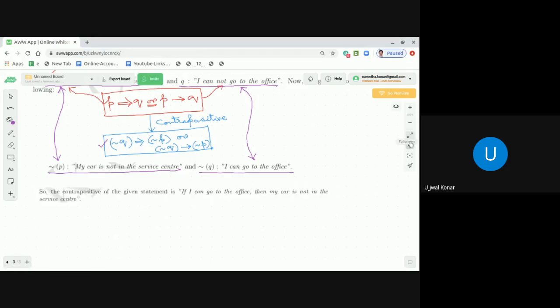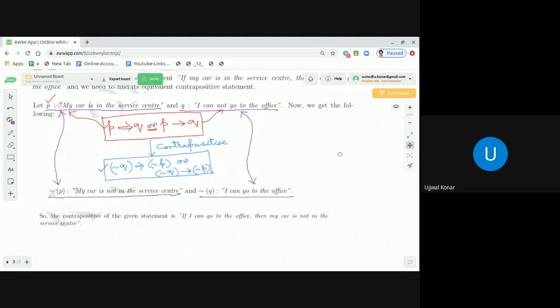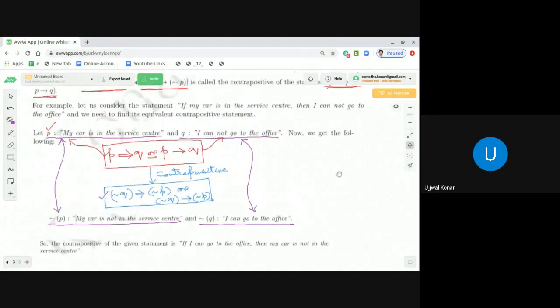And dear students, as it is mathematical reasoning, it may take some time to have a very clear idea about it. So what was our original statement? Our original conditional statement was: if my car is in the service center, then I cannot go to the office.